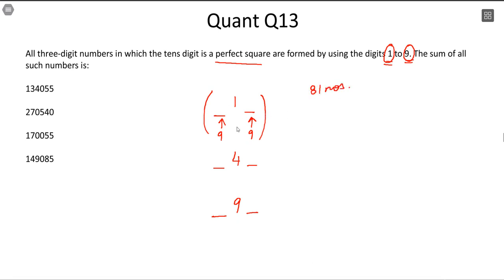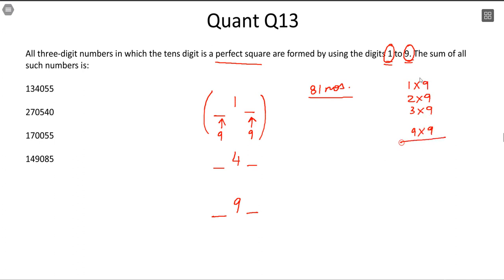81 numbers here. Now, how often would 1 come at the unit place? As often as 2, as often as 3, as often as any other digit. Given there are 81 numbers, can I say 1 would have come in the units place 9 times, 2 would have come 9 times, 3 would have come 9 times, so on and so forth, up until 9 would have come in the units place 9 times?